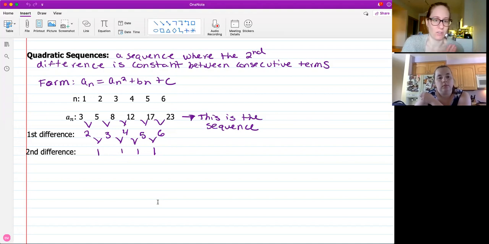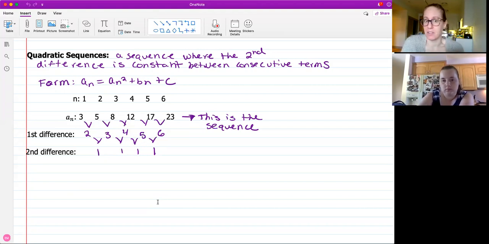So here's our sequence 3, 5, 8, 12, 17, 23. What Miss Markert did with that first difference is what you would normally do to check for arithmetic. Just subtract: 5 minus 3 gives us 2, 8 minus 5 is 3, 12 minus 8 is 4. You can definitely see there's a pattern in that first difference. If it was arithmetic, those would all be the same number.